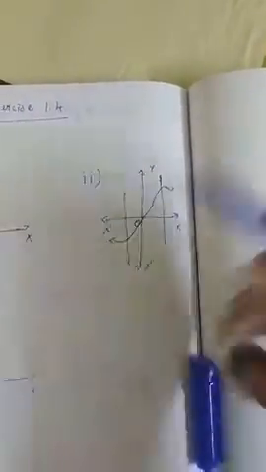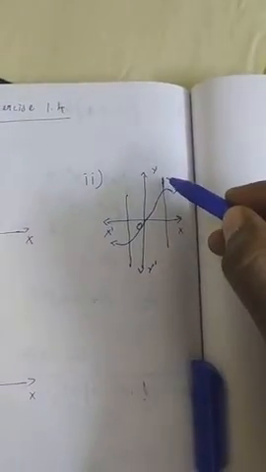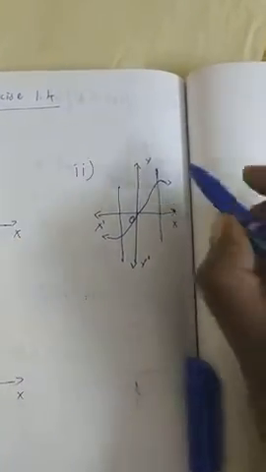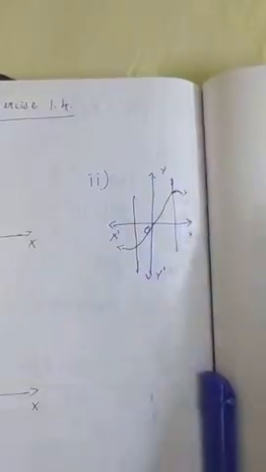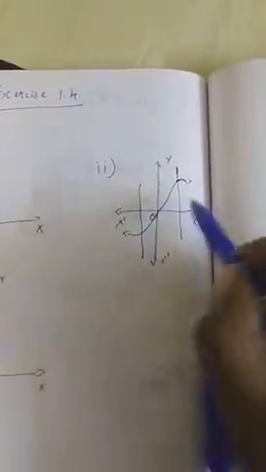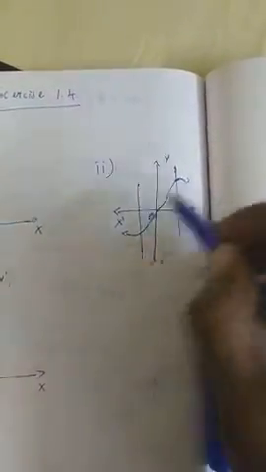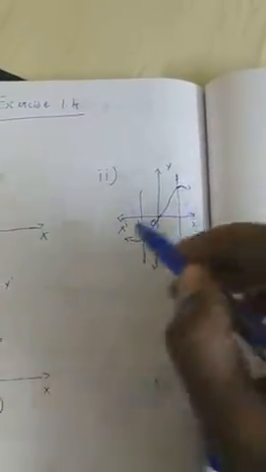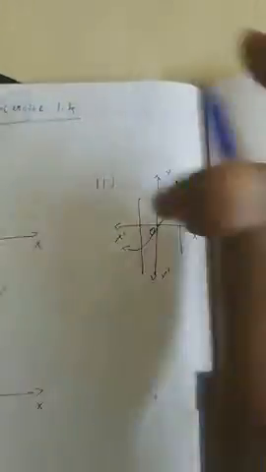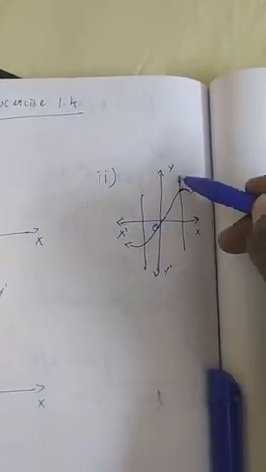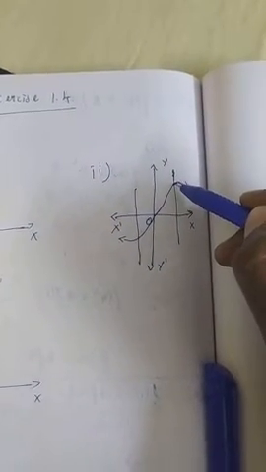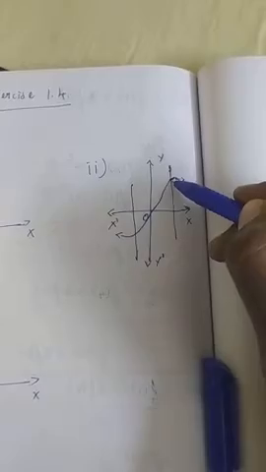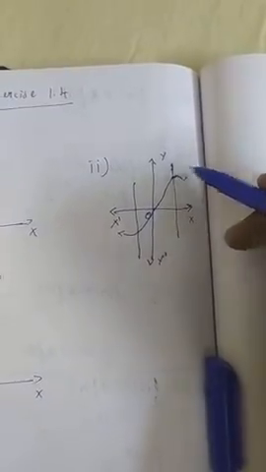You can draw anywhere. If you look at this vertical line, it intersects exactly at one point. So no need to draw two lines, right? One line is enough. For your reference, I drew two lines here, but one line is enough. This line intersects this curve at only one point. Therefore it is a function.